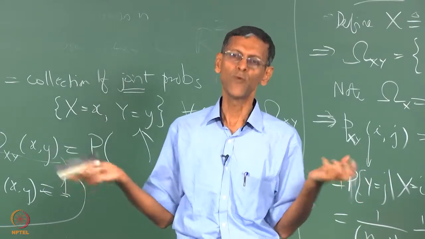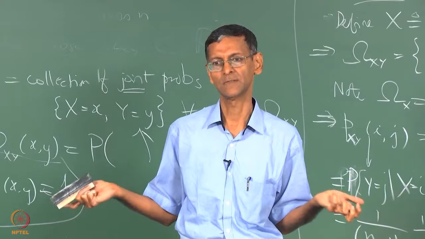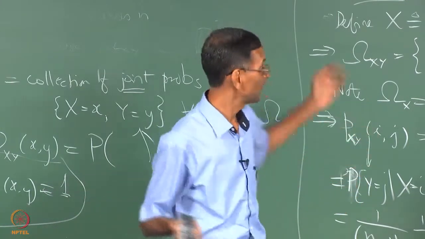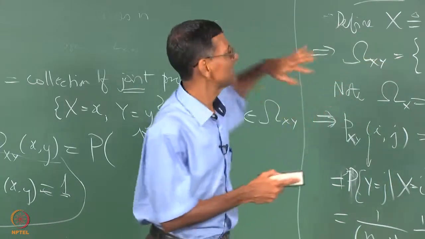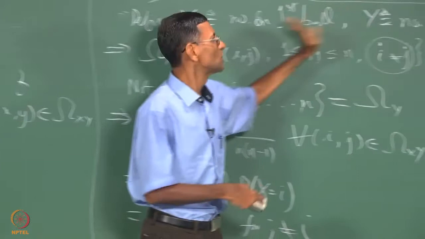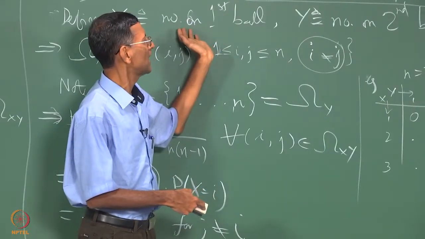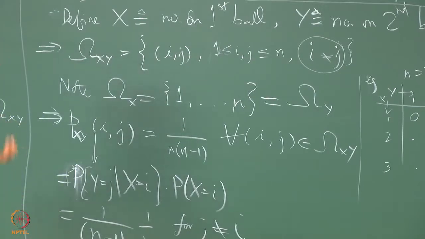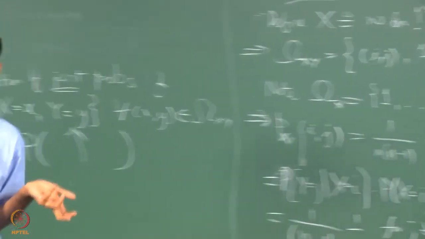Y should in some way involve the second one, because the experiment consists of drawing two balls. I can define x to be the sum of the two and y to be the difference of the two. I can do anything I want, they will still be random variables.